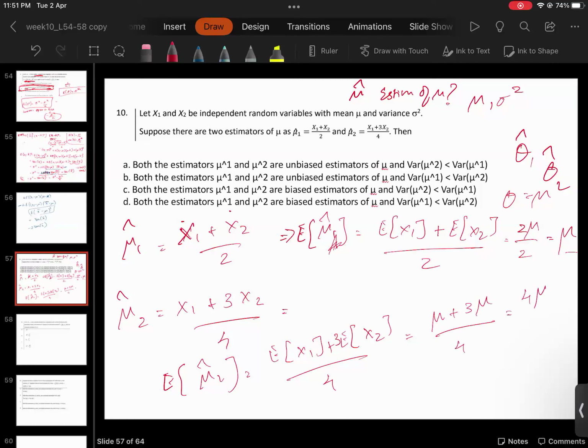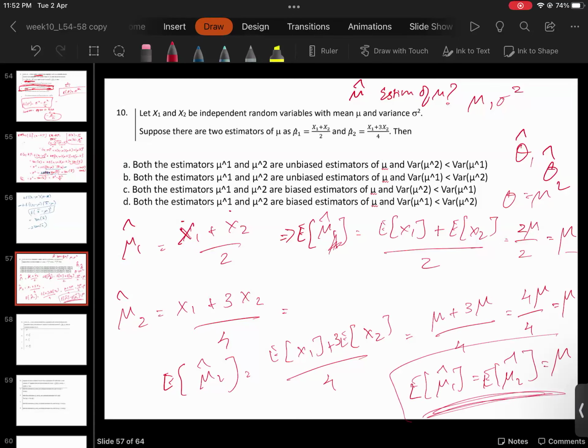So this is equal to 4 mu divided by 4. This is again equal to mu. So both expectation of mu1 hat and expectation of mu2 hat are equal to mu. So both are unbiased estimators. So it could be either option A or B.